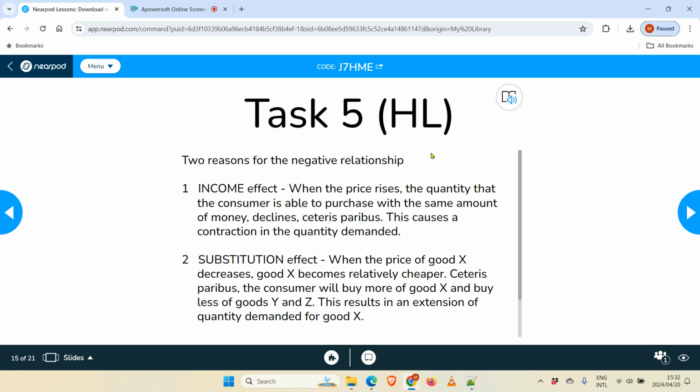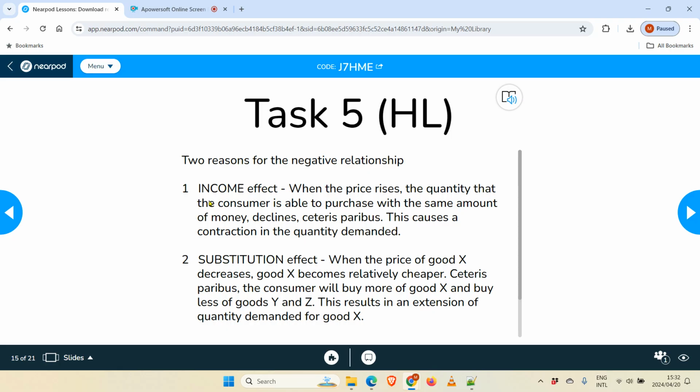Then we go on to the next task where we see that there's a negative relationship, which the students will have discovered in the previous task, a negative relationship between price and demand. And the two reasons for that are the income effect and the substitution effect.